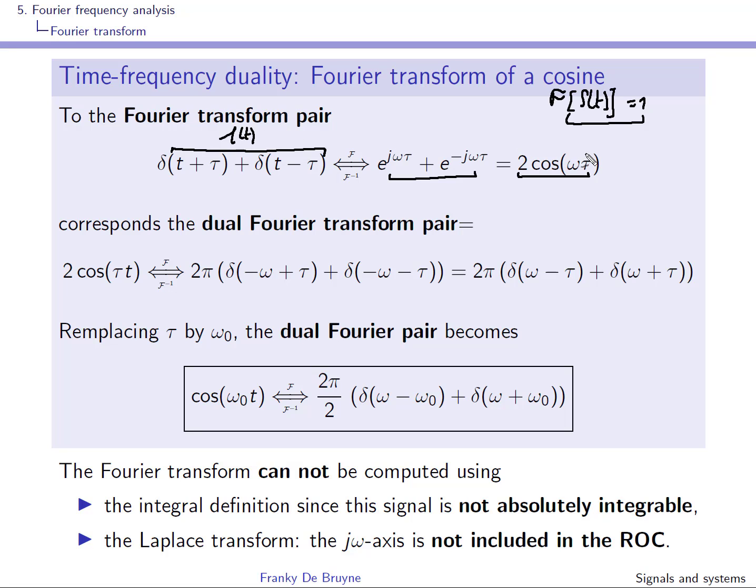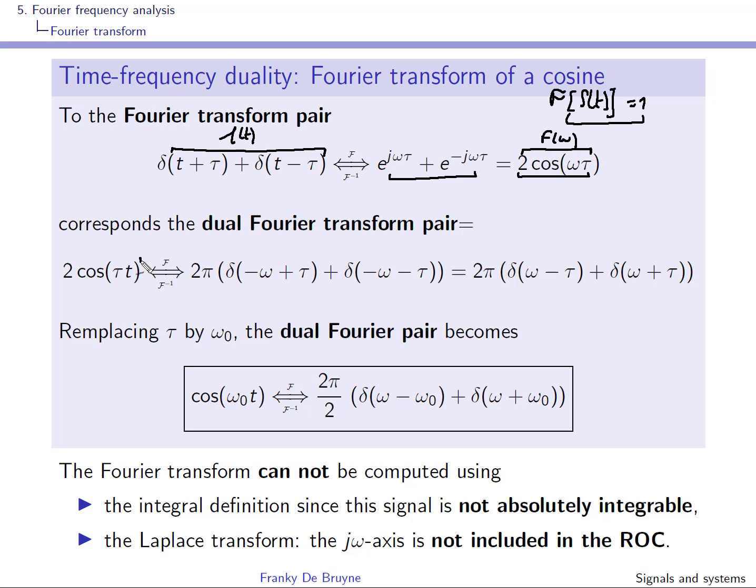This is one Fourier pair and its transform is over here, and you can see what we'll do. We are interested in the Fourier transform of a cosine, so we'll use time frequency duality. So we'll consider this one as a time function.